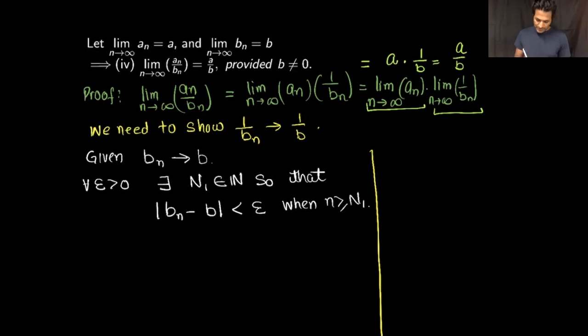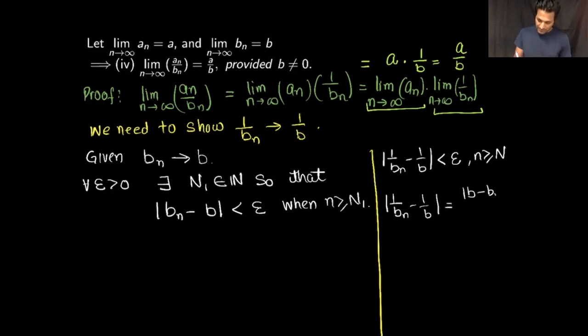So what I basically would like to show is that the absolute value of 1 over bn minus 1 over b is less than epsilon for any given epsilon when n is bigger than some capital N. This is my goal. Again, I'm going to start calculating the left hand side and do some manipulations. If I make the same denominator, this will be the absolute value of b minus bn divided by the absolute value of bn times b.